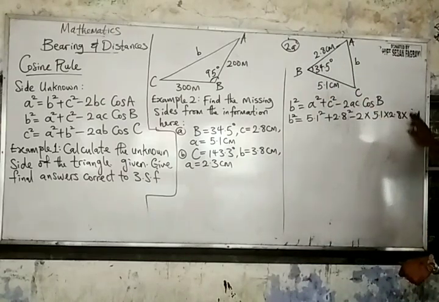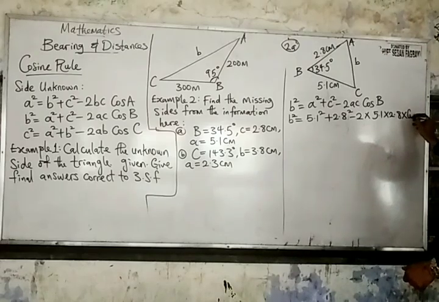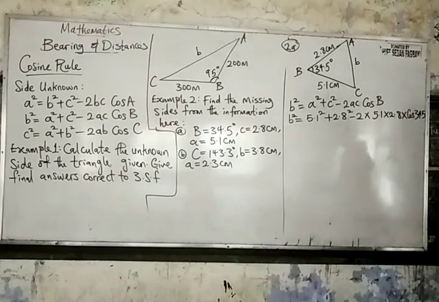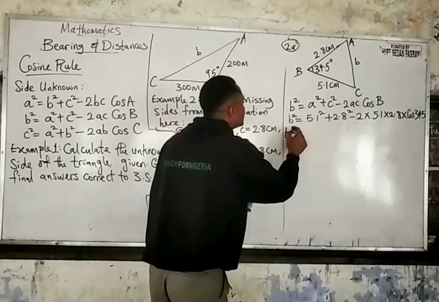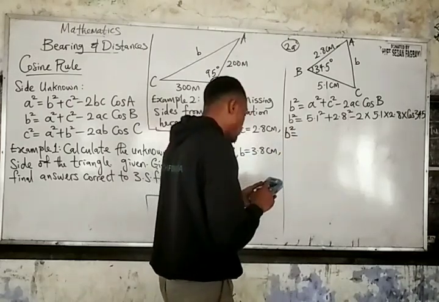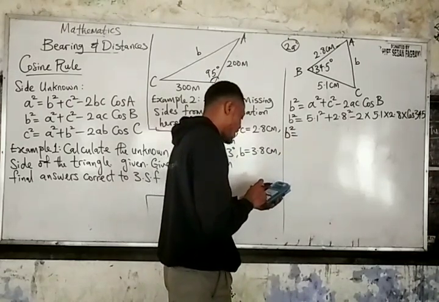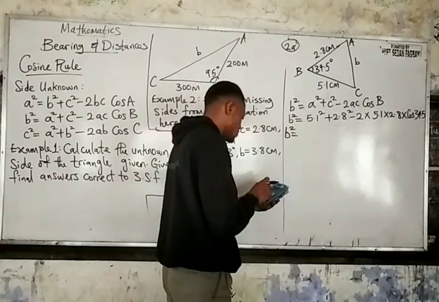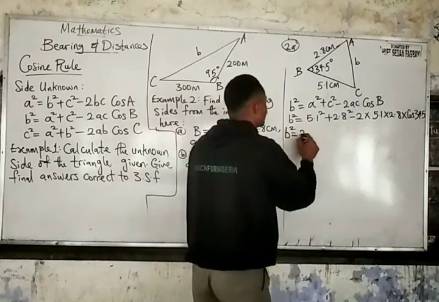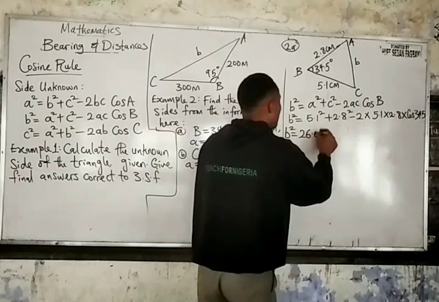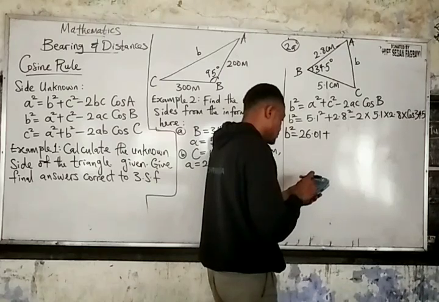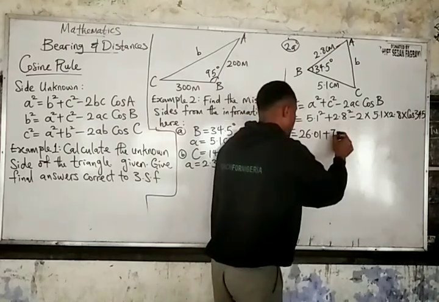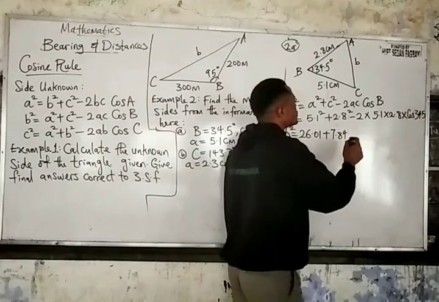34.5. Okay, let me just try to squeeze this out. Cos 34.5 degrees. Yes, I'm going to need a calculator again. The b squared is going to be 5.1 squared. This will be 26.01 plus 2.8 squared, 7.84.